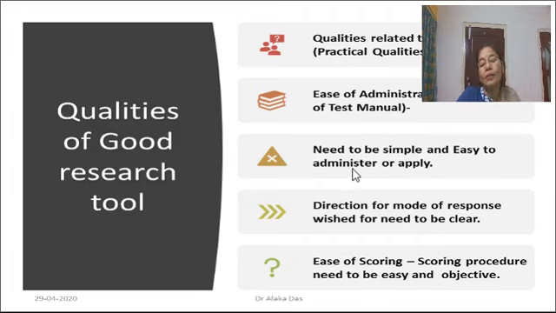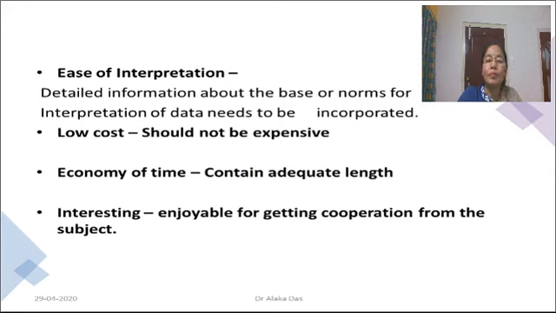And another quality is that it needs to be simple and easy to administer or apply, and directions for the mode of response needed by the researcher must be clear. It needs to be easy and objective for scoring also.